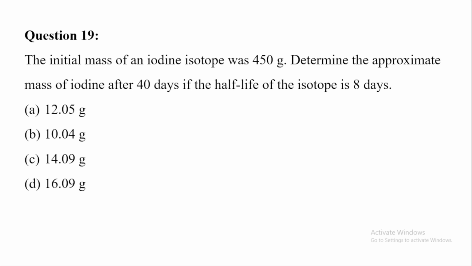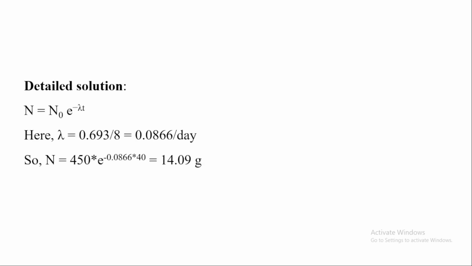Okay, so let's see. N is equal to N0 e raised to the power of minus lambda t. Lambda is equal to 0.693 divided by the t half, that is 0.693 divided by 8, that is 0.0866 per day. Now N0 is given as 450 grams, lambda is 0.0866, t is given as 40 days.